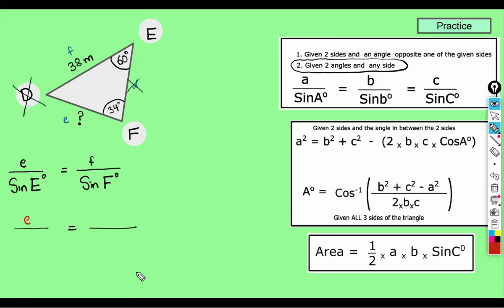So we just write back common E. Sine capital E, what's the value of capital E? 60 degrees. Common F is 38. And then we have sine capital F, which is 34. We okay so far, guys? It's just a substitution of values.